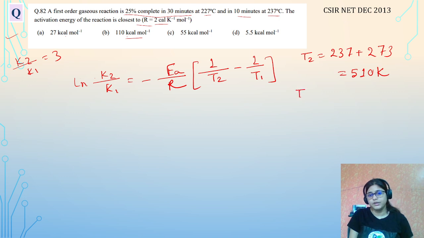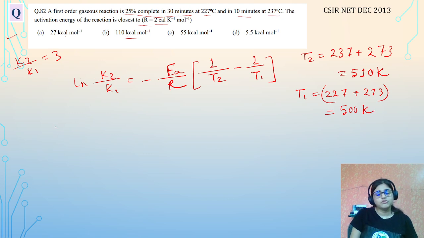And T1 will be here 227 plus 273, which means it will be 500. Yes. It will be 500 K. Fine. So now if we put the value, we know K2 by K1 will be 3.